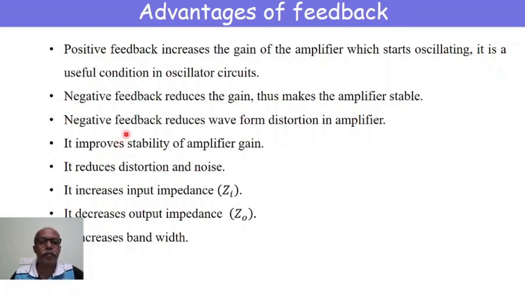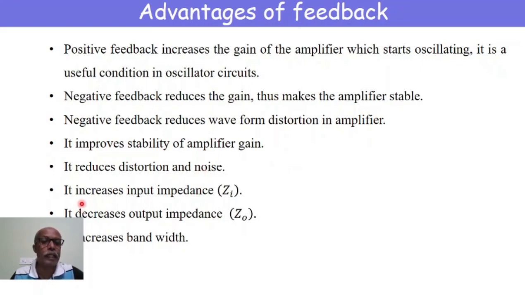Negative feedback reduces the waveform distortion in case of an amplifier. The negative feedback improves the stability of the amplifier gain, as we have studied in the second point itself. It reduces the distortion and noise. Again repeating, it reduces the distortion and therefore reduces the noise.